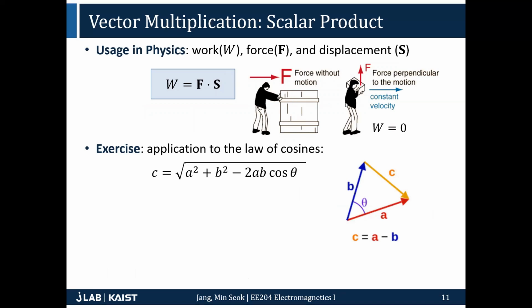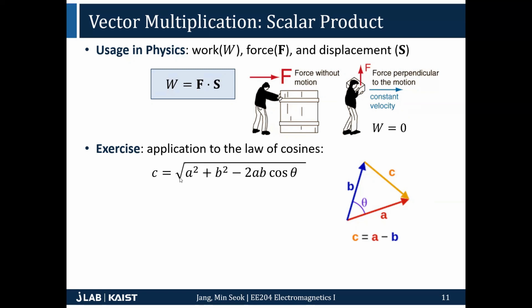If you apply the force without any motion, or if you apply the force but the motion is perpendicular to the direction of the force, then you are actually not doing any work, physically speaking, right? So F dot S means you only count the force when force and displacement are in the same direction, or at least in a similar direction.